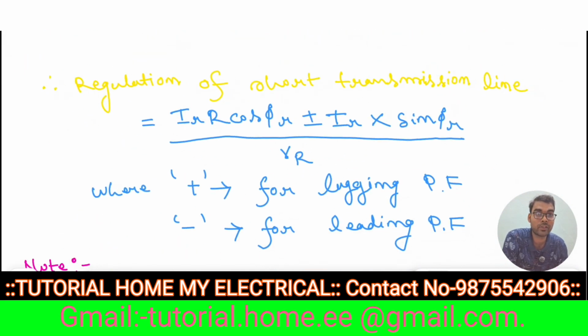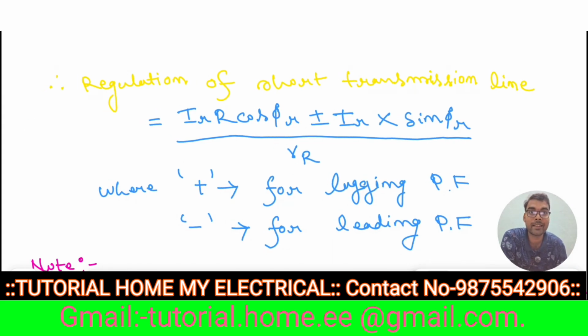regulation of short transmission line. So regulation of short transmission line is (Vs minus Vr) by Vr. If we rewrite this, the regulation is (Vs minus Vr) by Vr into 100%.